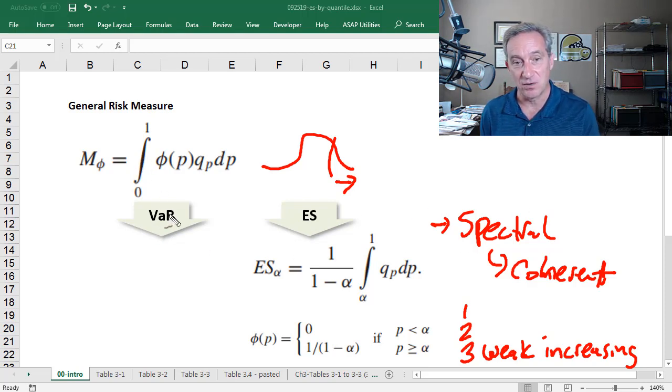VaR is a version of general. VaR is not spectral. Its weight is not weakly increasing, and so it is not coherent. And again, VaR is not weakly increasing because we have all the weight here, we go to higher probabilities, and then we have zero weights. It drops off, and that just intuitively does not match our risk aversion.